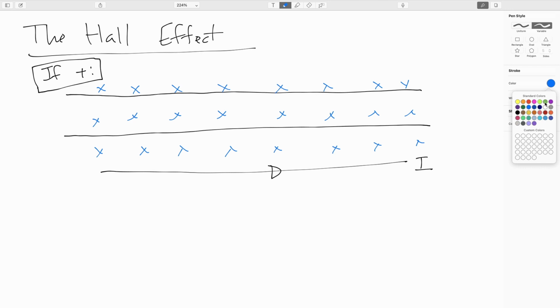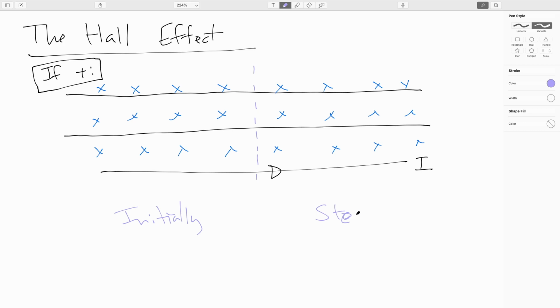So we'll break this up into two time periods here. Over here, we'll take a look at what's happening initially. And then over here, we'll take a look at what happens after we've achieved steady state.